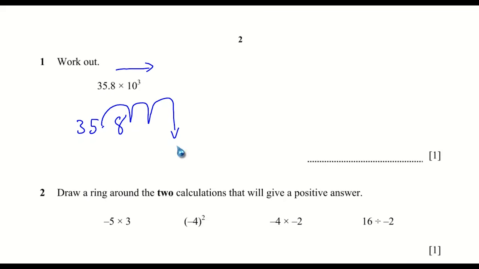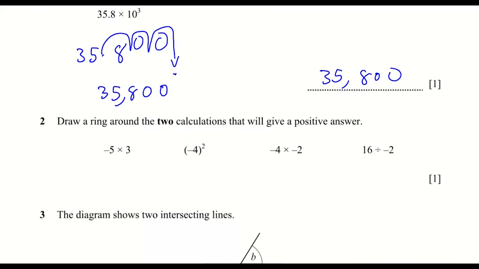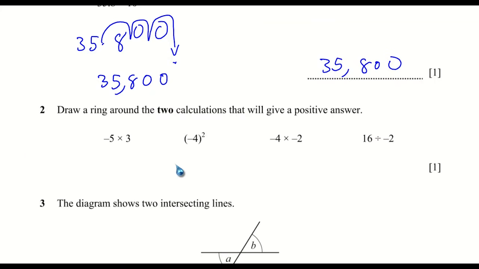So the decimal point is now here. So fill up the spaces with zeros. The final answer is 3, 5, 8, 0, 0, with a comma here, so that is 35,800.